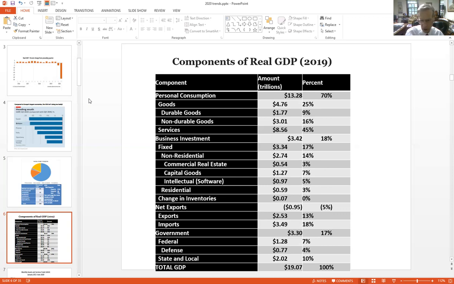Business investment, again, we have the non-residential component of expenditures, and then the others, capital goods, the next largest at about 7%.